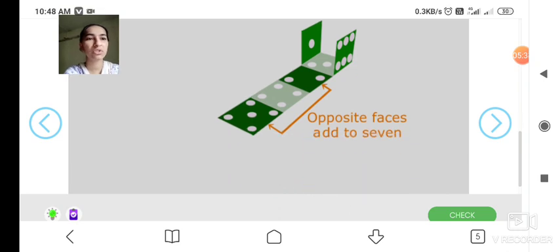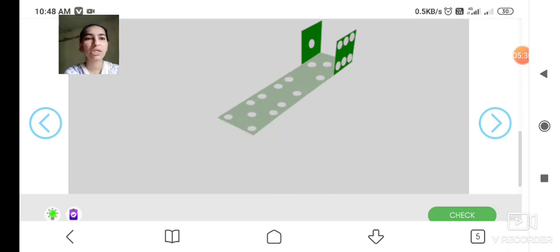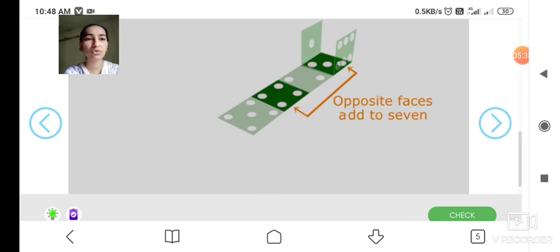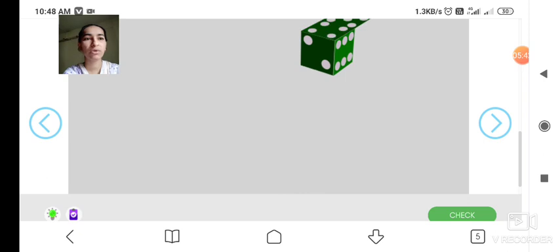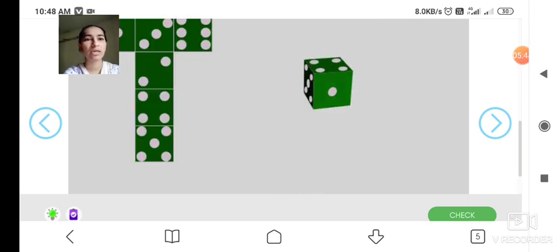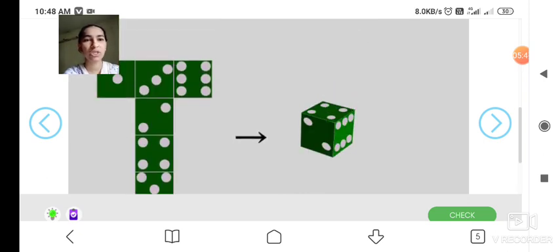Now these are the opposite faces. If we add, we get 7, and the opposite faces 4 plus 3 are 7. If we fold them, we get a dice. So this figure is the correct net for a dice.